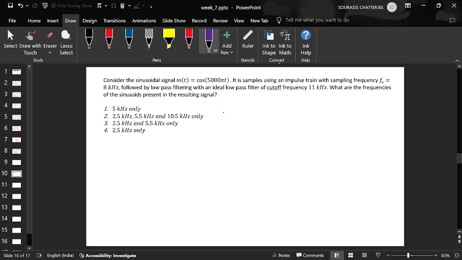So let us first look at this cos 5000 pi t function here.